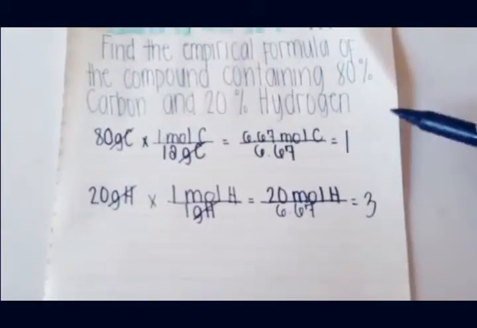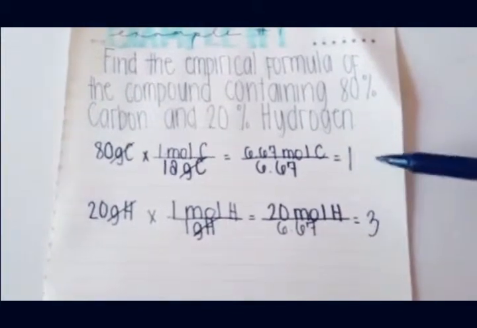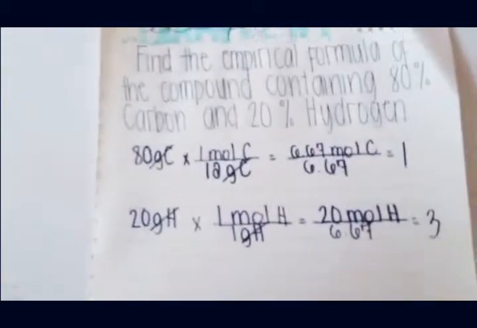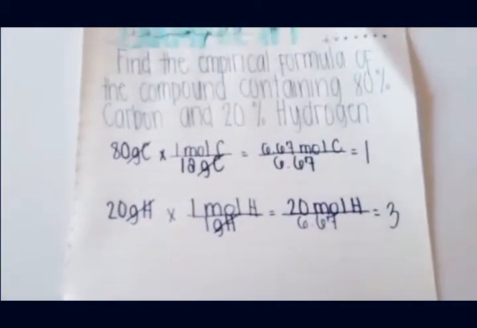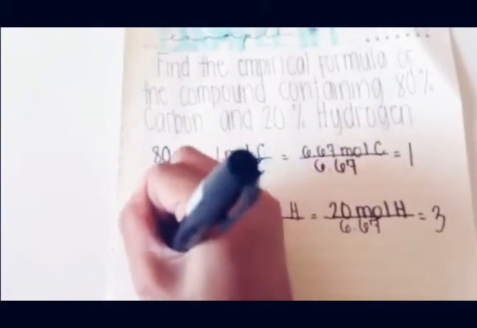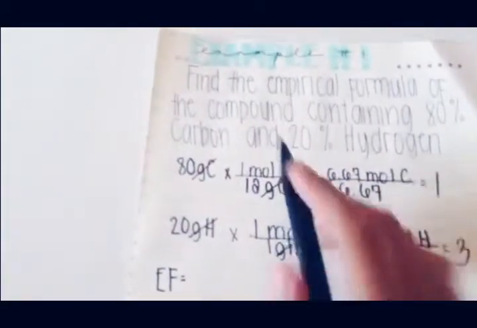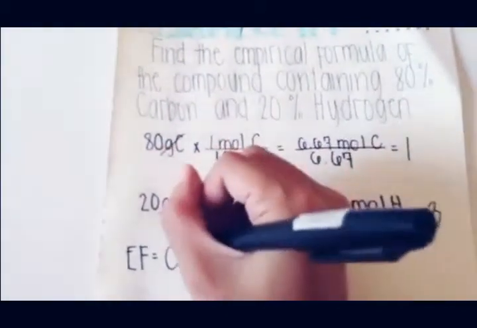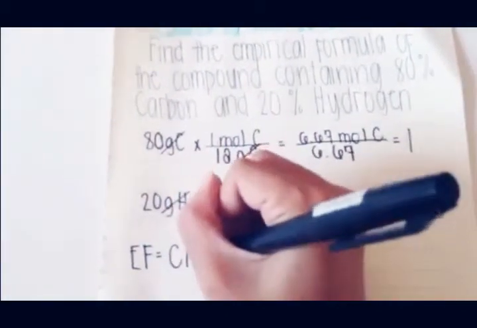Note that you have to round off some numbers so that you have the exact empirical formula. So the empirical formula for this compound is C1 and H3.